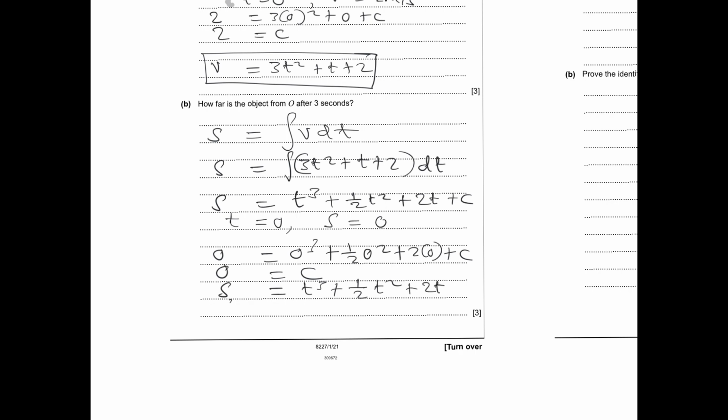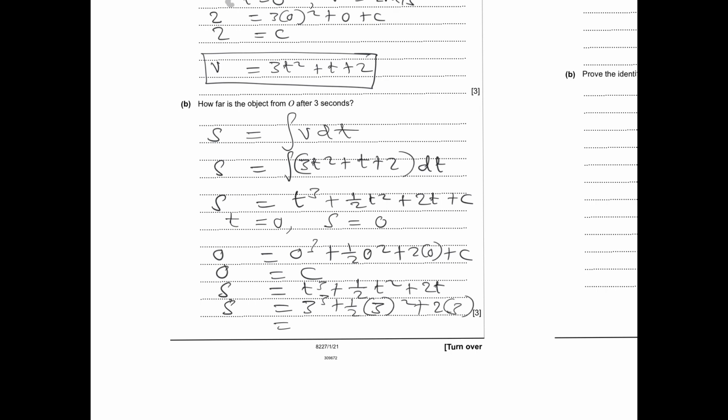All right, now remember that t is equal to 3 in this case. So if we substitute that, we should be able to get the distance after a time equal to 3 seconds. So we're going to have S is equal to 3 to the power of 3 plus half of 3 squared plus 2 in brackets 3.